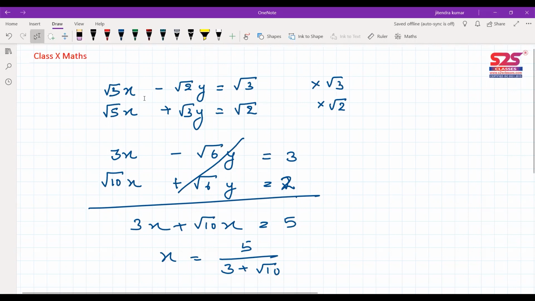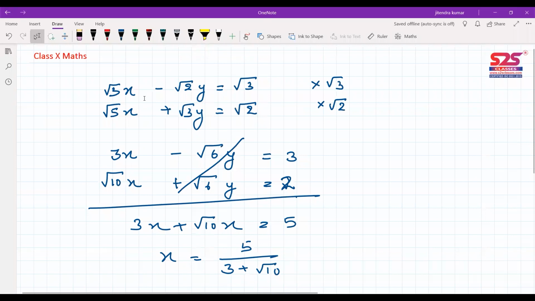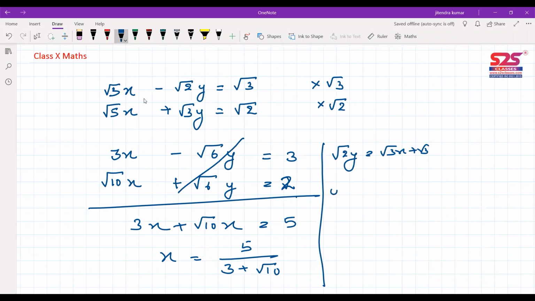From the first equation, let's take root 2y to the other side. We will have root 2y is equal to root 3x plus root 3. So y will be equal to root 3x plus root 3 upon root 2.